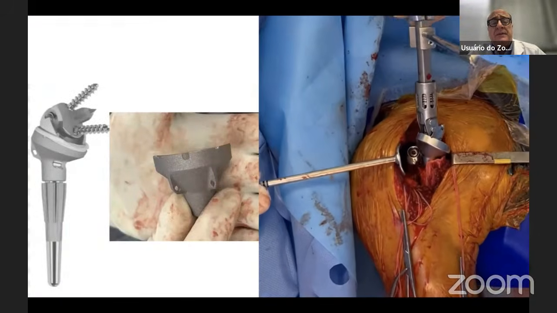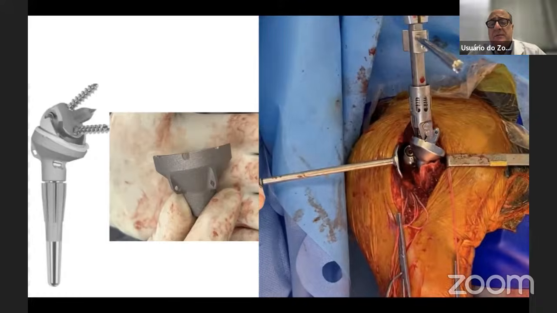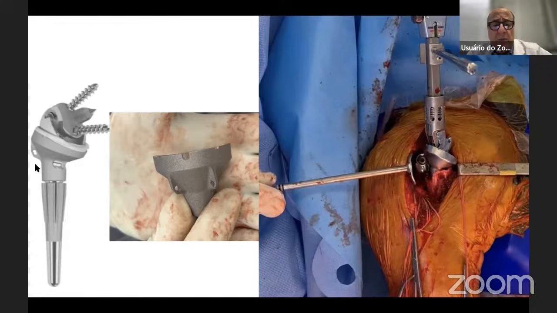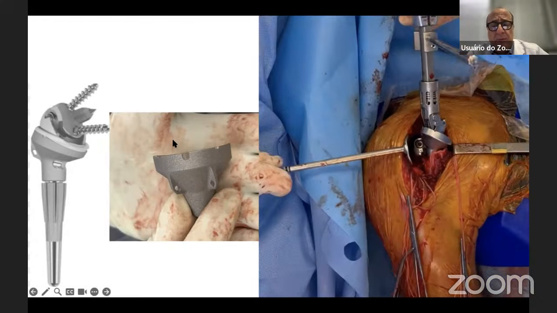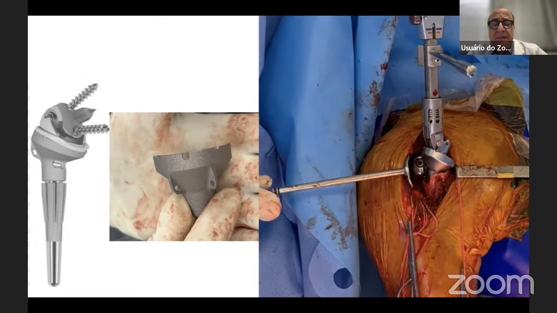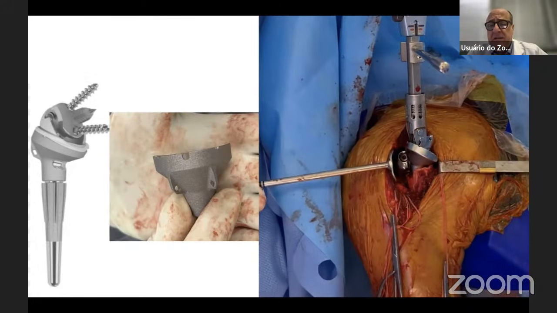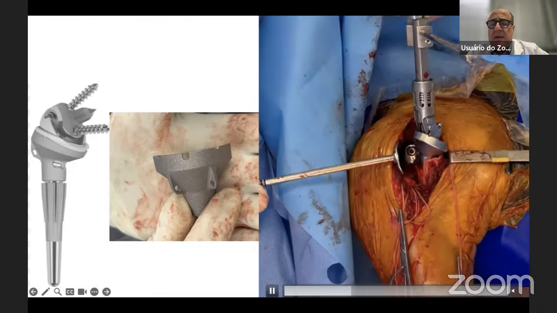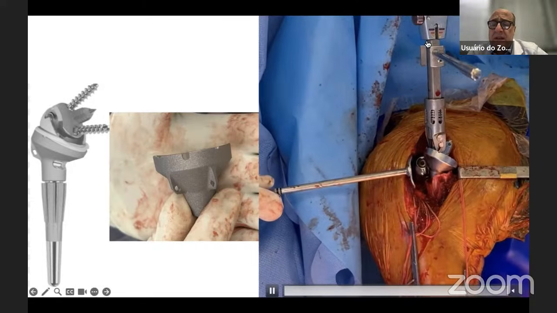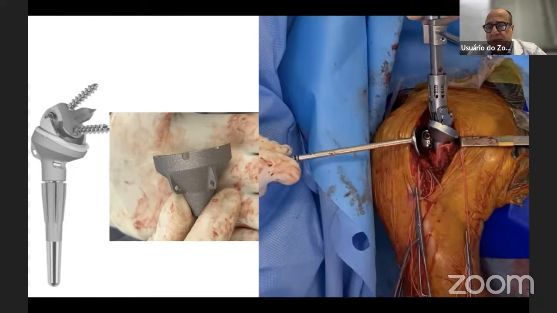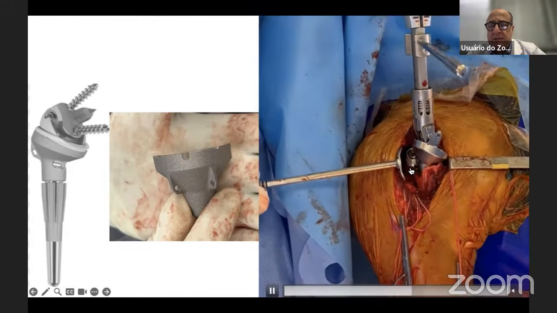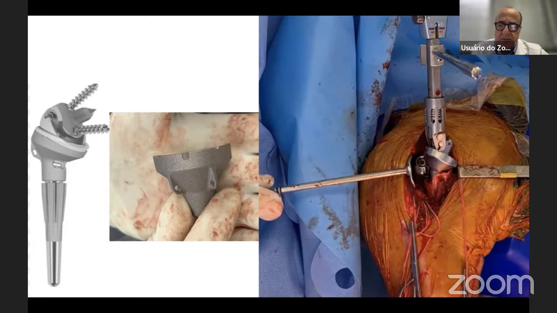So the idea is to put this press fit implant, and as you can see here, we have fins where you can put the sutures through to adapt perfectly to the greater tuberosity. And here we are using the trial and correcting the version to 20 degrees, which is recommended for this kind of prosthesis. And you can see all the sutures here embracing the tuberosities.